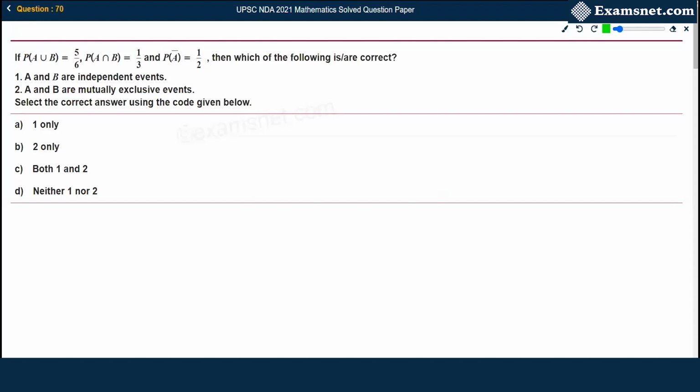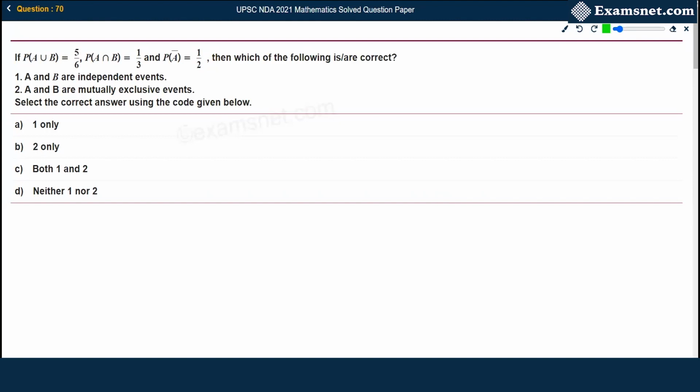Question number 70 states that if probability of A union B is 5/6, probability of A intersection B is 1/3, and the probability of the complementary event of A, that is P of A bar, is half, then which of the following is or are correct?